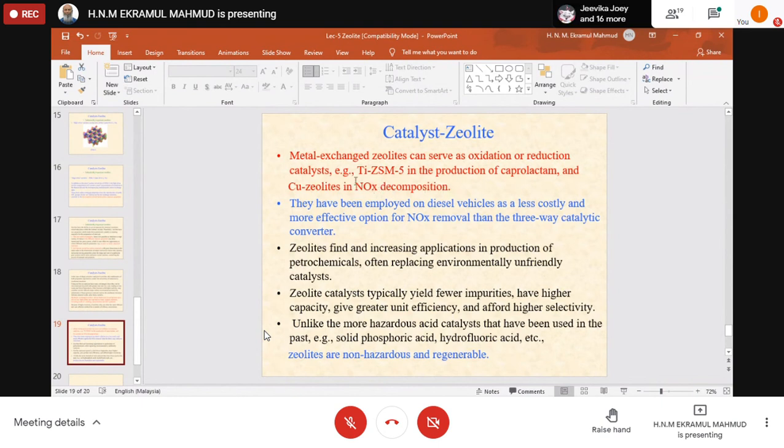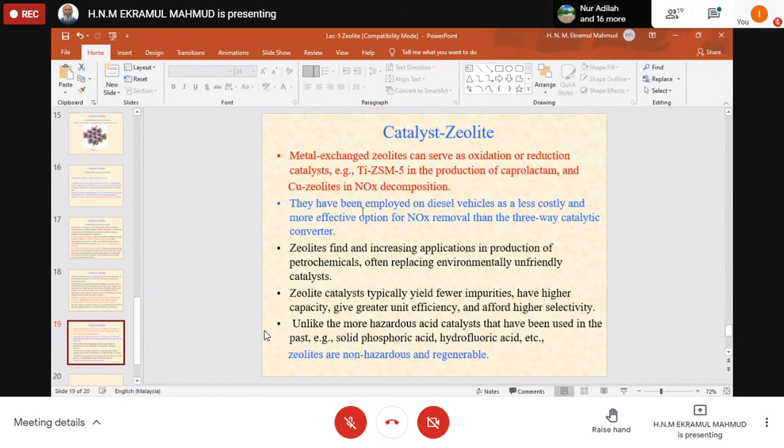NOx means oxides of nitrogen: nitrous oxide, nitric oxide, nitrogen dioxide, nitrogen pentoxide. So these are the oxides of nitrogen.